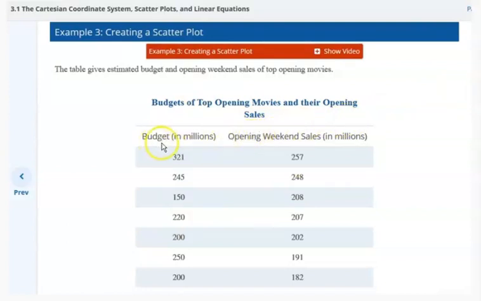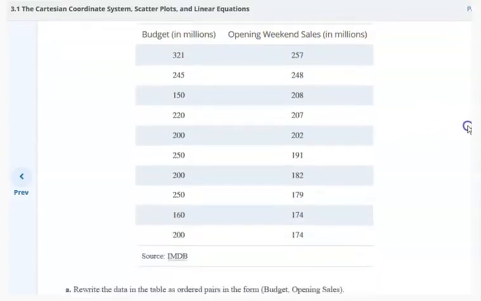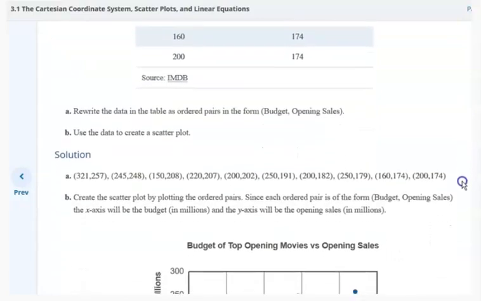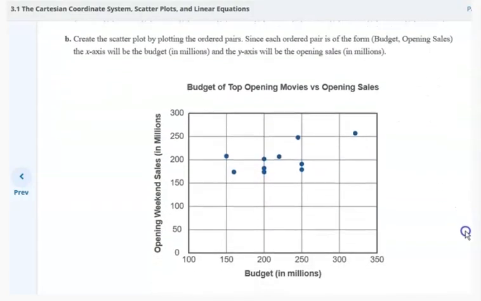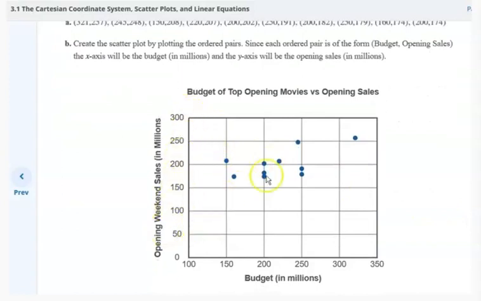Here is budget in millions of dollars, opening weekend sales in millions, and we're asked to take this data and, just to show you what it's like, develop, in essence, the first quadrant of a graph where we have, let's say, budget along the x-axis and weekend sales along the y-axis.